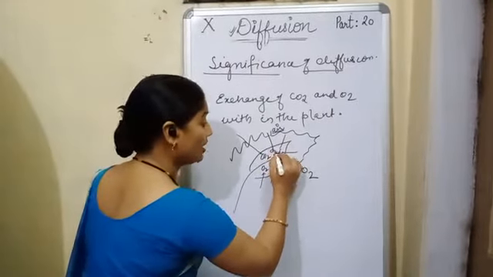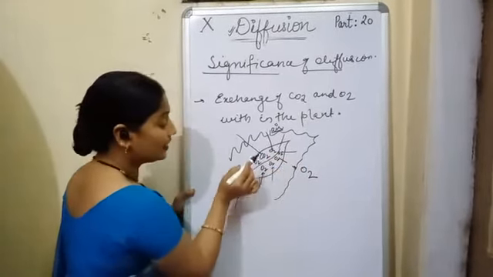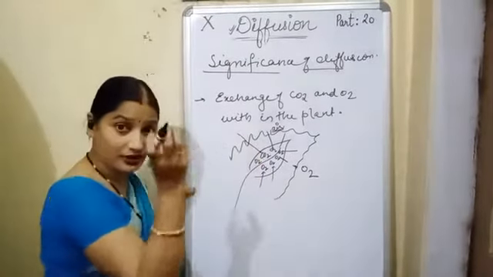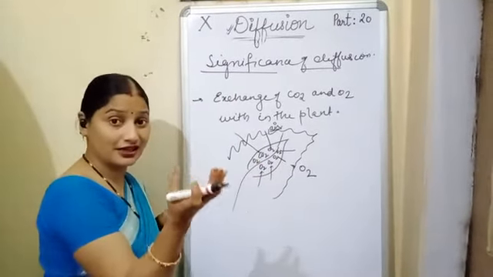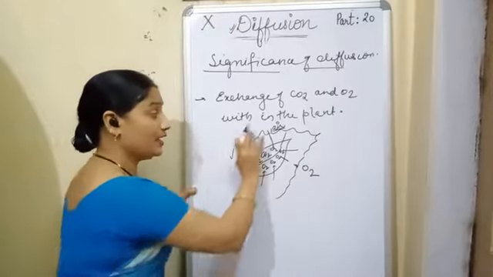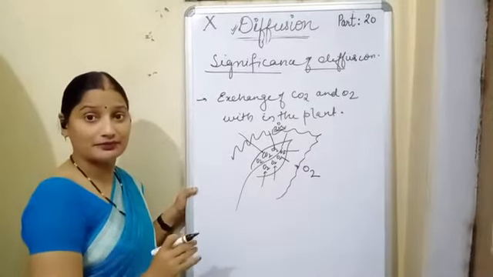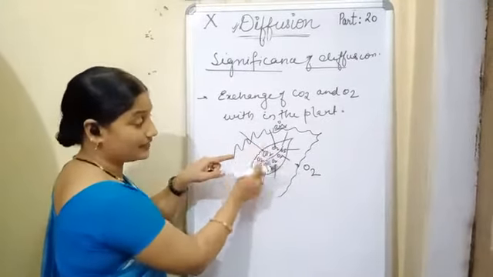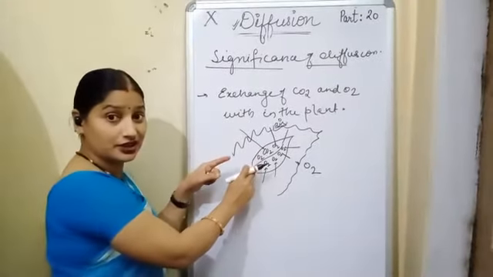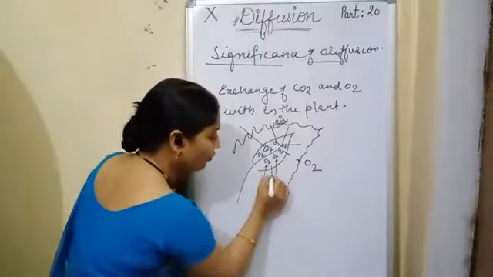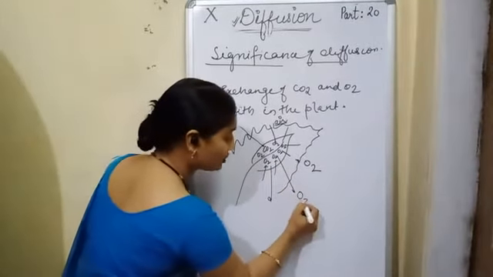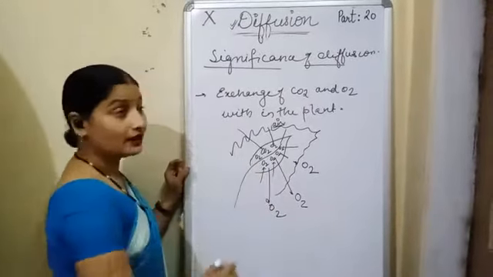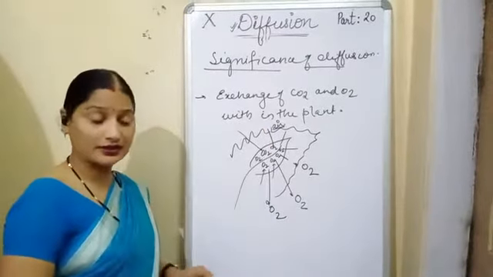Now inside the leaf, the quantity of oxygen is maximum in comparison to the environment. So once again, inside the leaf there is a higher concentration of oxygen, and so the O2 will come out. This is the significance of diffusion.